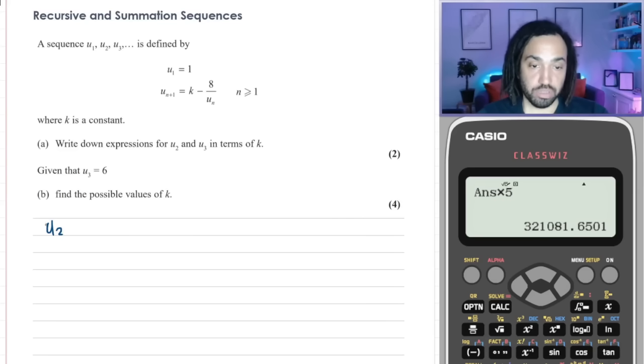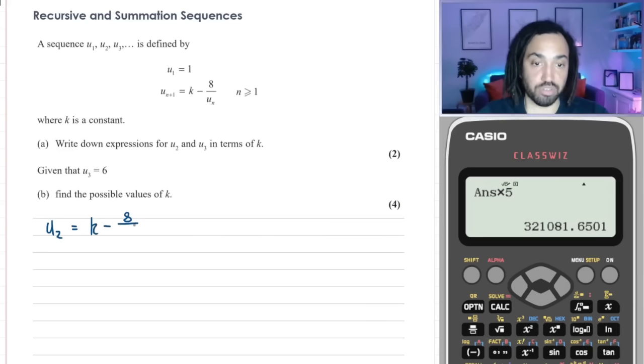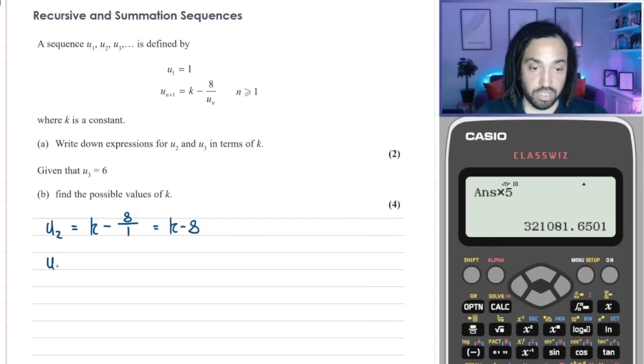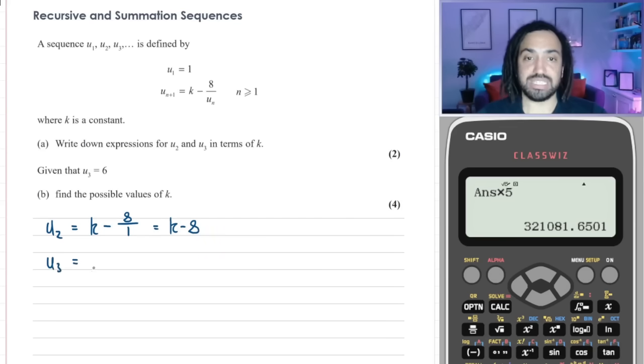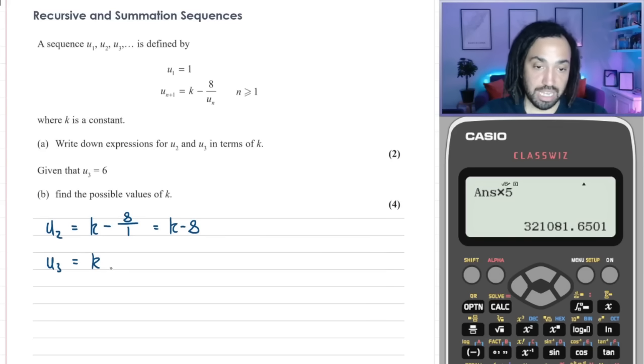Okay, so u2, other than being a fantastic rock band, will equal k minus 8 over the previous term, which is 1. So that's just equal to simply k minus 8. Great. u3 is equal to k minus 8 over the previous term, which is k minus 8.